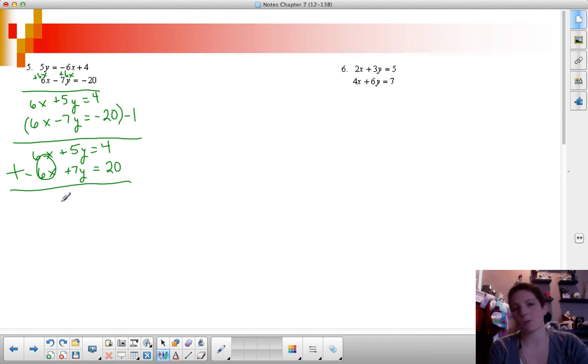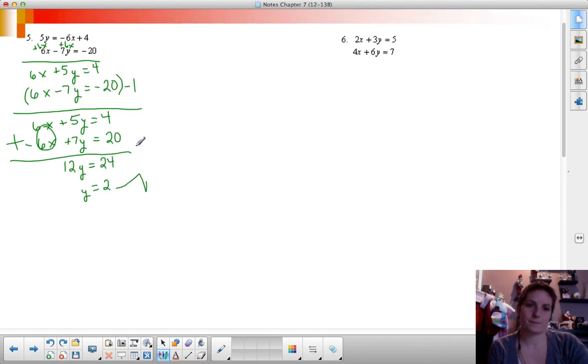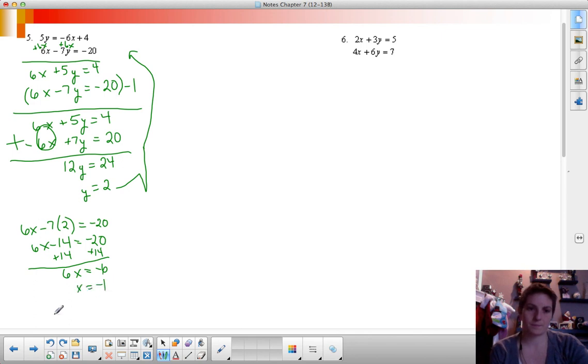I think you're pretty comfortable, so I'm not going to talk you through the rest of the solving. To get to your solution, these two lines cross at the point negative 1, 2.